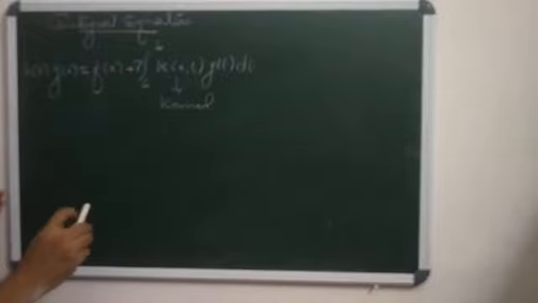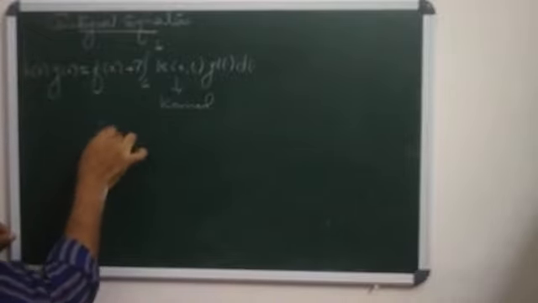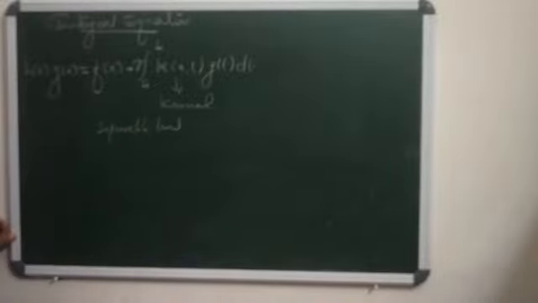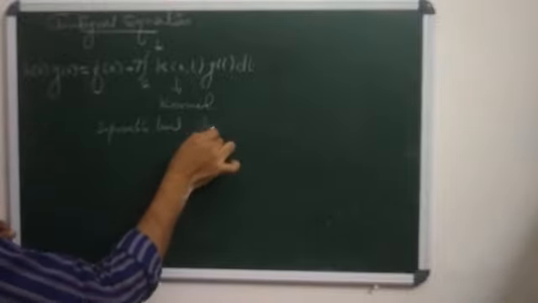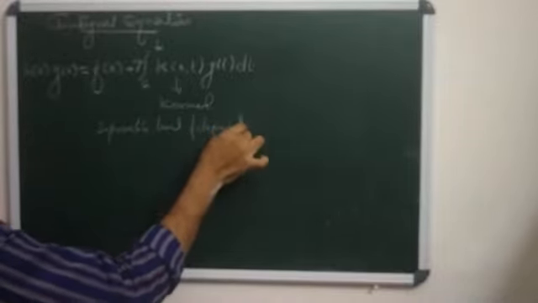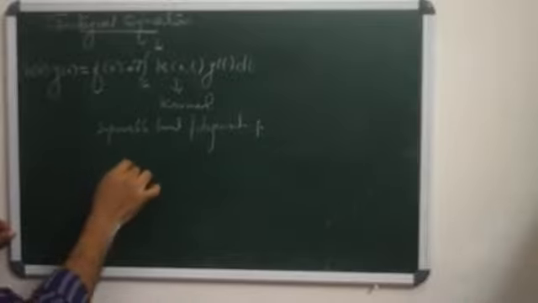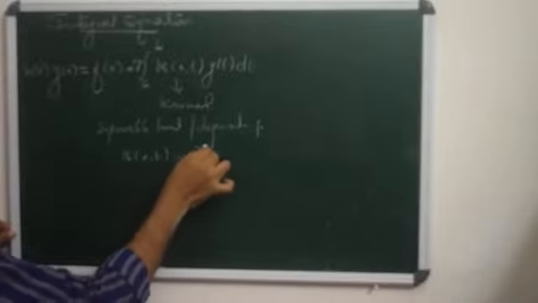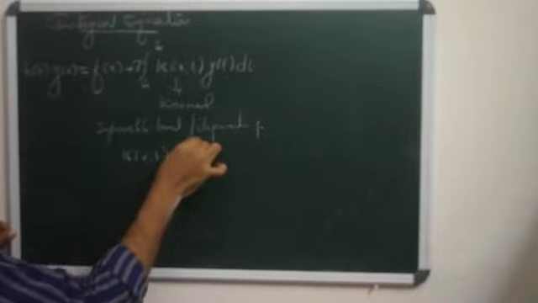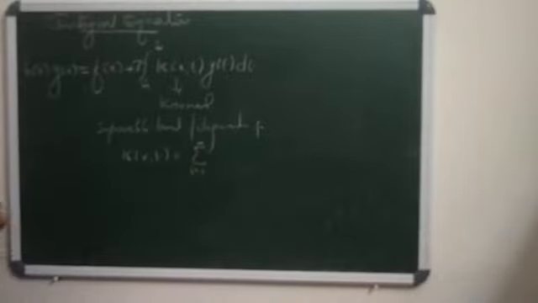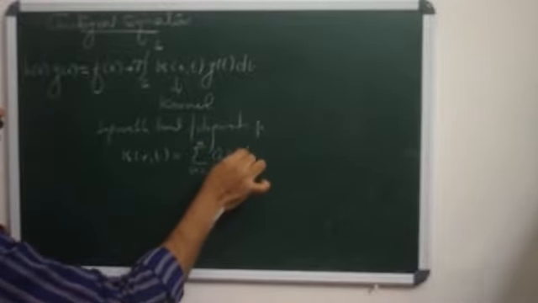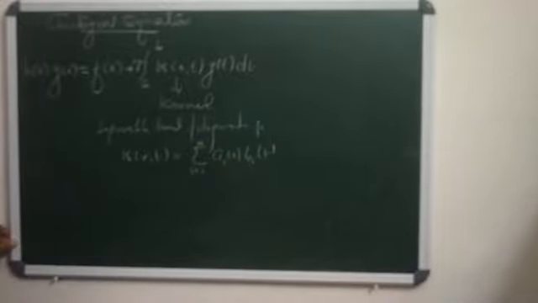This kernel is also known as a separable kernel or a degenerate kernel, if k of x,t can be expressed as the sum of a finite number of terms, that is, k of x,t equals sigma i ranges from 1 to n of a i of x into b i of t.